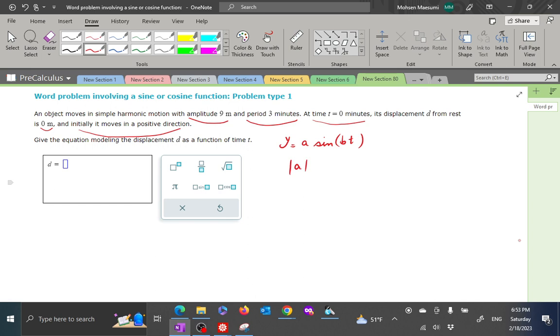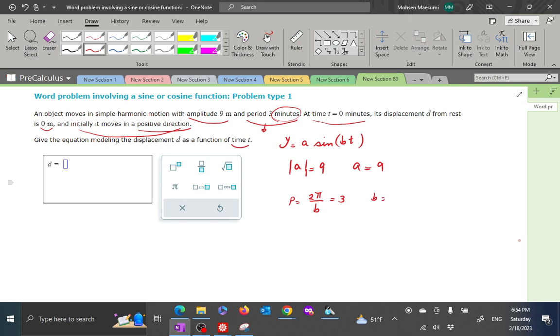The absolute value of a is 9, and since we are moving in a positive direction, a is chosen to be 9. The period is 3 minutes, so the period is 2 pi over b, and that's supposed to be 3 minutes. The unit of time is not specified, so we are just going to use whatever was given here.